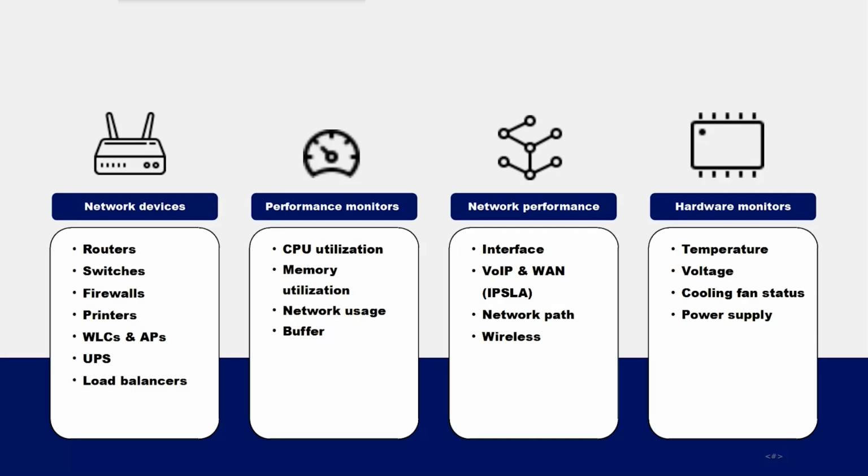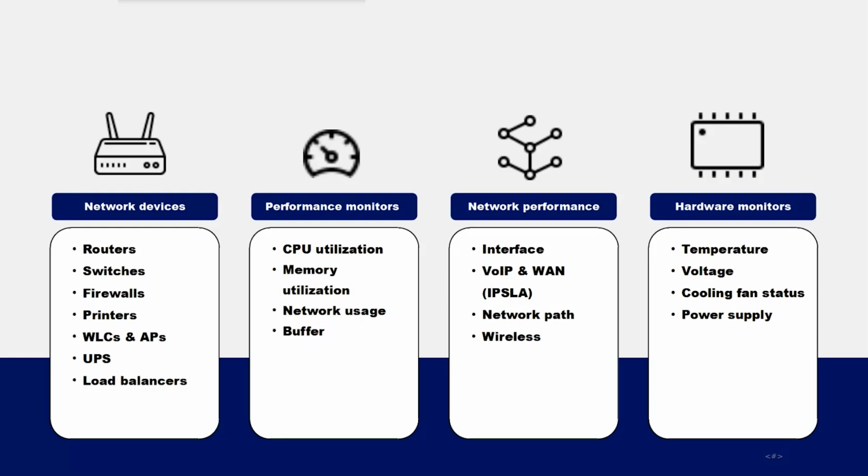If I want to do IP SLA, service level agreement, jitter, and round trip time monitoring, I can. And if I want to identify a network path, the connectivity between hops, and which hop currently has a problem where there is a packet drop, I can also identify that using my network performance monitoring.